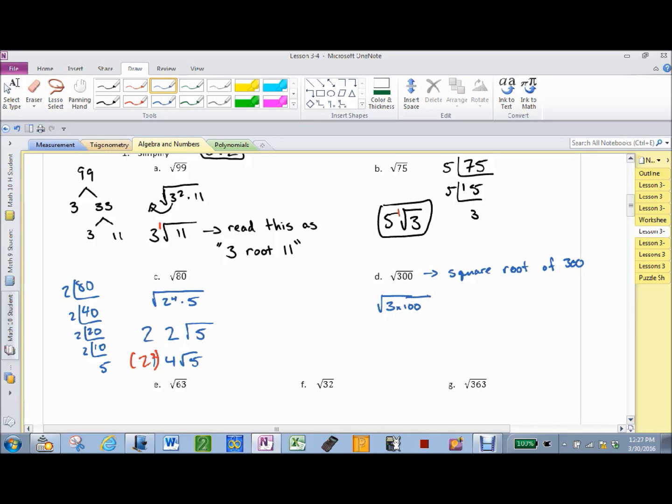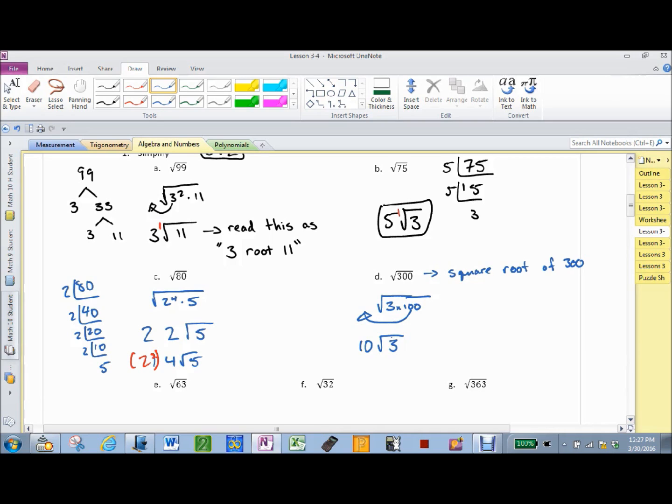It is, isn't it? Doesn't 100 have a square root? What is it? What? 10. So what's the square root of 100? 10. So what can I bring out? 10. What did I leave under there? 3. Remember how yesterday I told you if you have the first few perfect squares memorized, it will really help you? Here's where it starts helping.